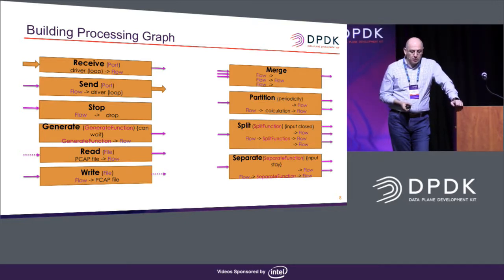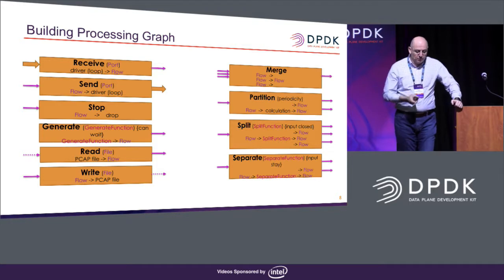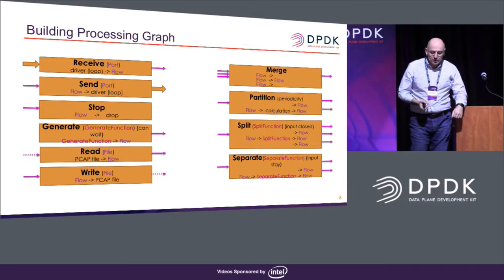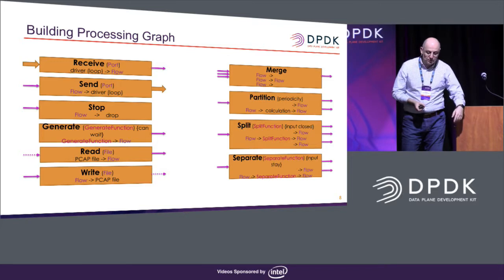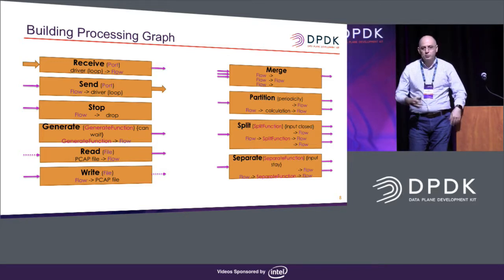Merge is an abstraction which allows you to merge several incoming flows into one outgoing flow. And its counterpart is split, where you define your split function, and it splits one incoming flow into several outgoing flows. I'll show it later in the example. There's a function called separate.